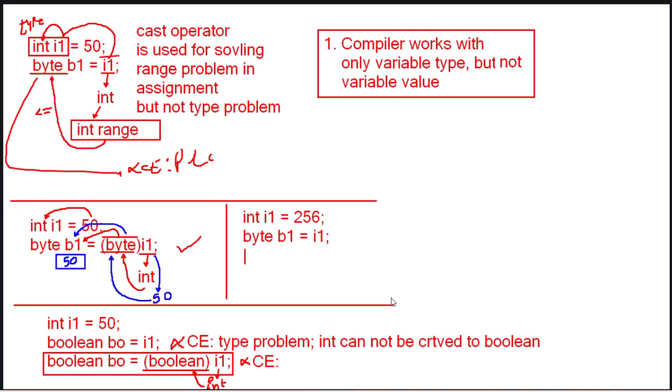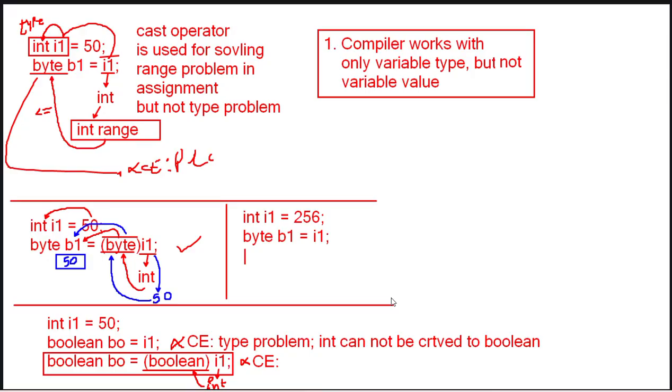why is the error coming for the first line? First line, I1 value how much? 50. In the range of byte or not? And then why is it throwing error in the first line? That's why I'm telling, don't show your talent.